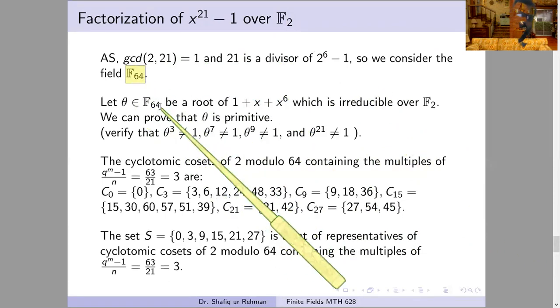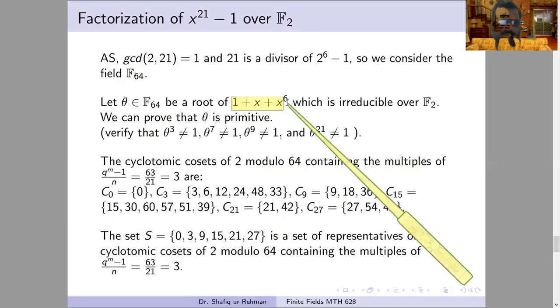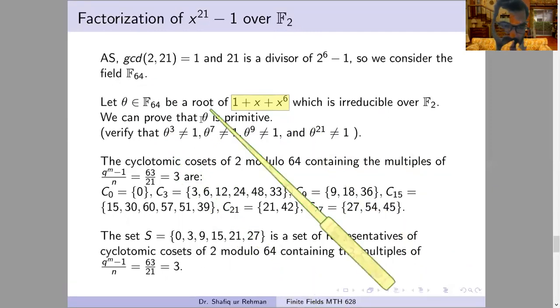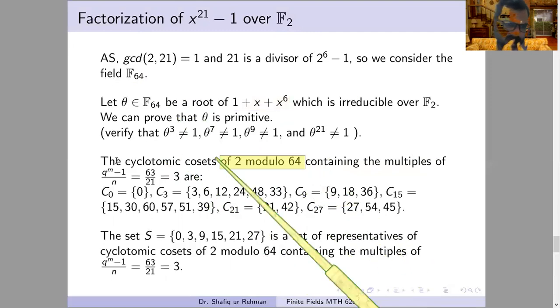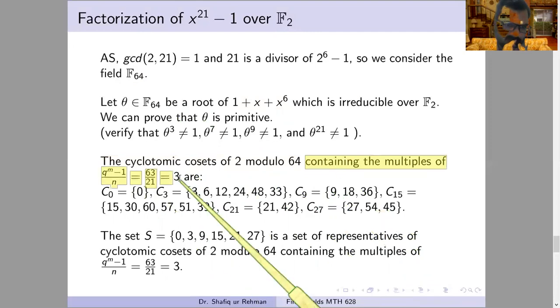Then we choose a primitive element, and we can show that the minimal polynomial of this primitive element is irreducible, and we can prove that theta is primitive. Then we have to find cyclotomic cosets of 2 modulo 64. But not all the cyclotomic cosets, only those containing multiples of 3.